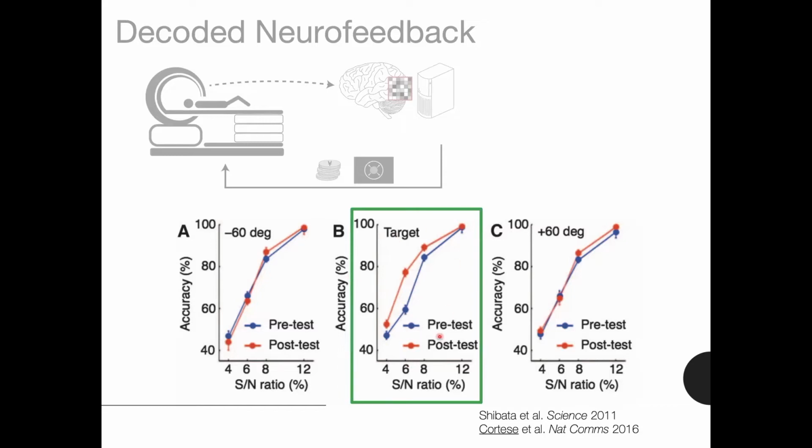by Kazuhisa Shibata, almost a decade ago now, they showed that with this approach you can modify behavior, in the sense that we can induce perceptual learning without ever showing the stimulus itself. So perceptual learning is induced simply by modulating the brain activity that is related to a target visual stimulus.